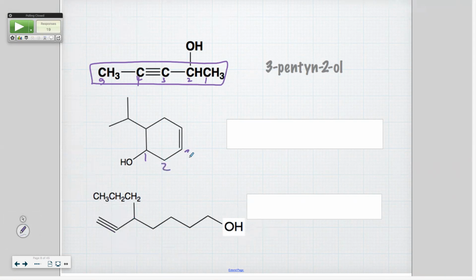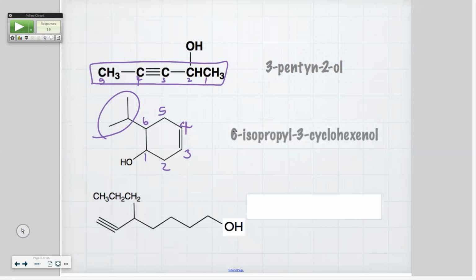It's probably counterclockwise. Ooh, that's a 4. What is this? Isopropyl. Hopefully we review that today. Remember, no 1 for the alcohol. No 1 for the, it's assumed.